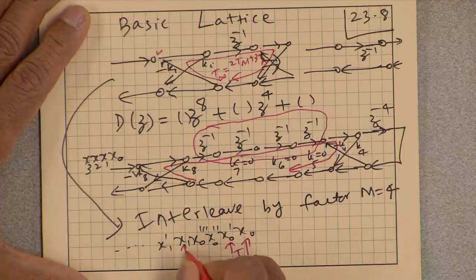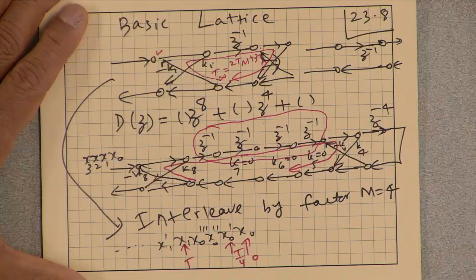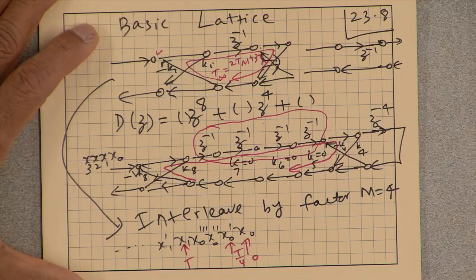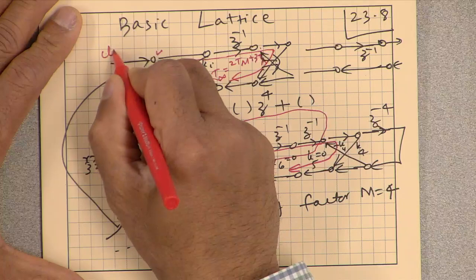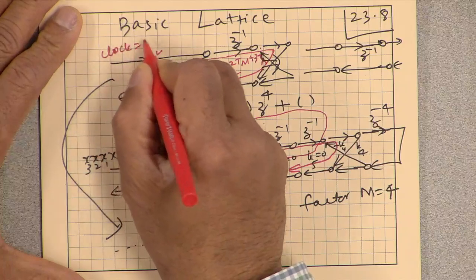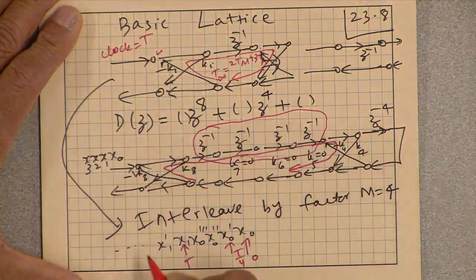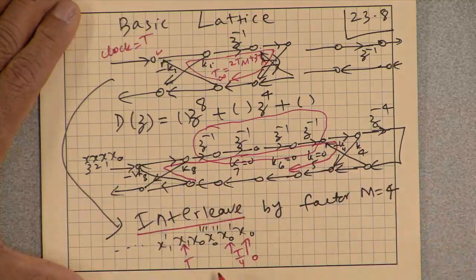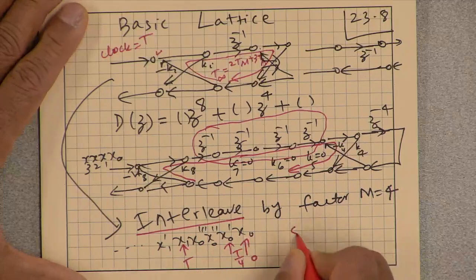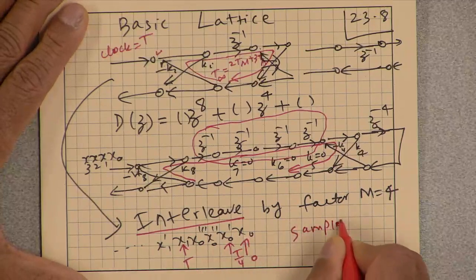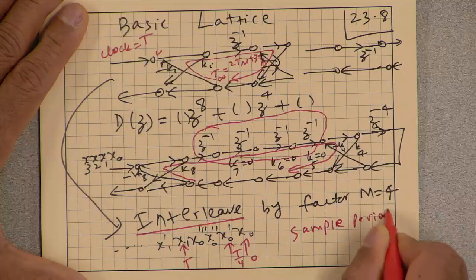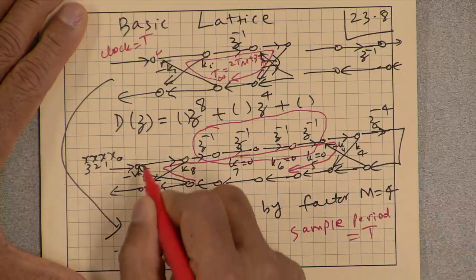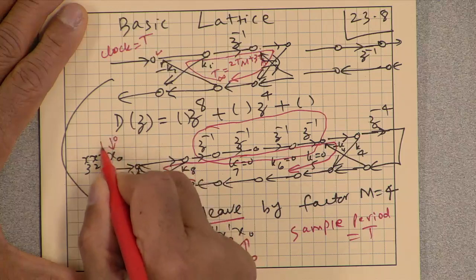But as you can imagine, if the clock period or the critical path here was t, and I pipelined by interleaving by factor 4 and retimed, the sample period is still t, so the sample period does not change. I just take 4 different time series. I am not increasing the sample period, whereas here the sample period is exactly t by 4.